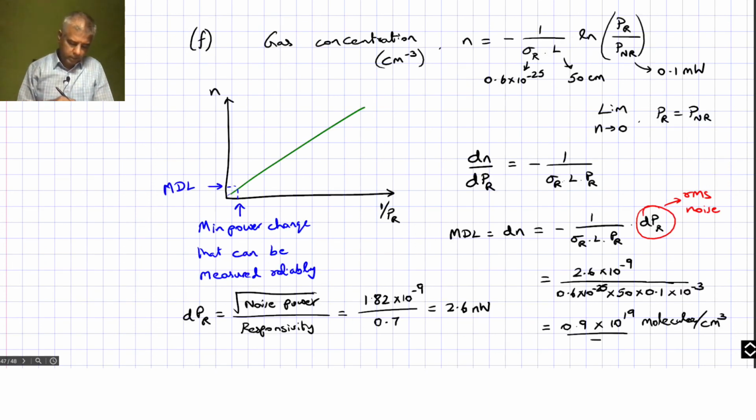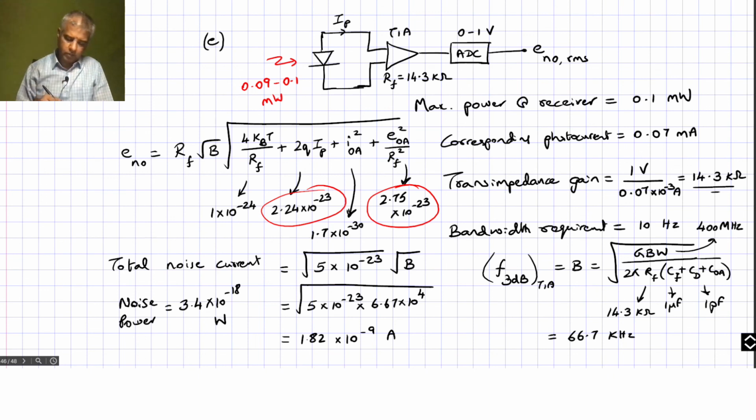Here, when we were calculating noise power, we were multiplying by this value here, right? Now you do not have to use this value, you can use only 10 hertz, and that is actually a factor of 10 to the power 4 lesser.